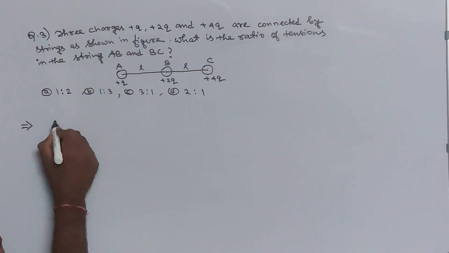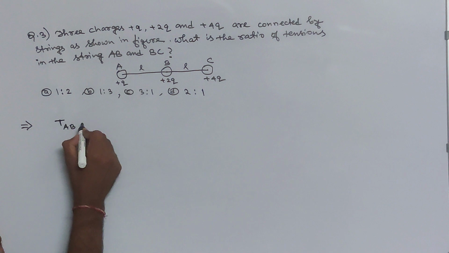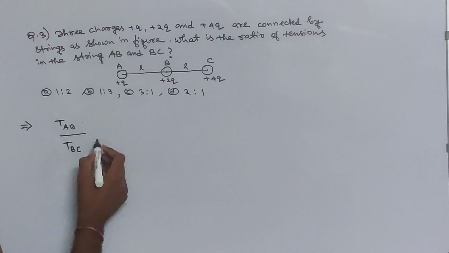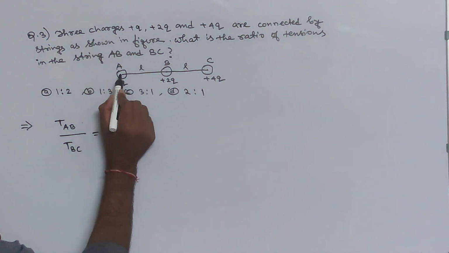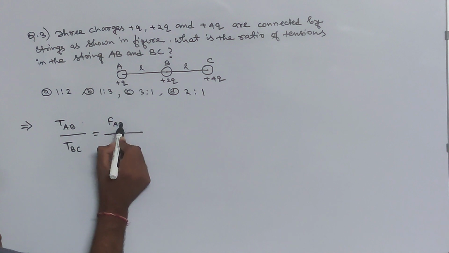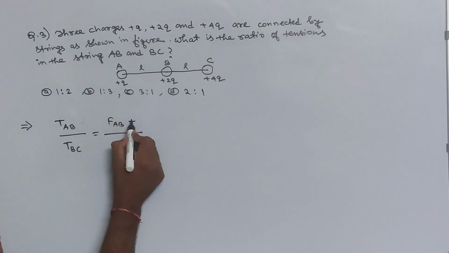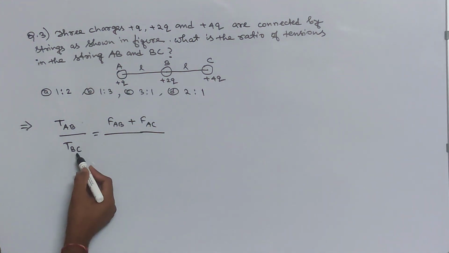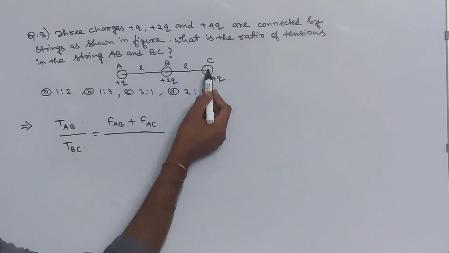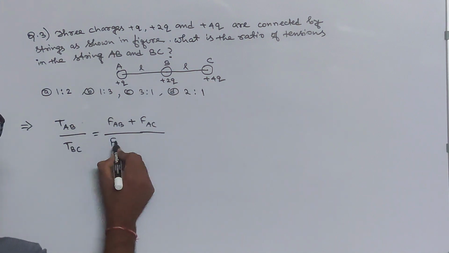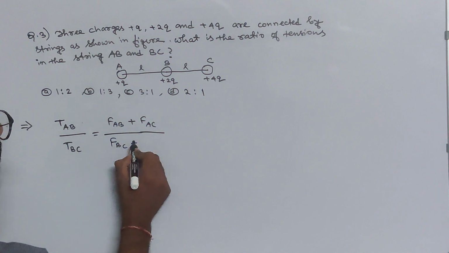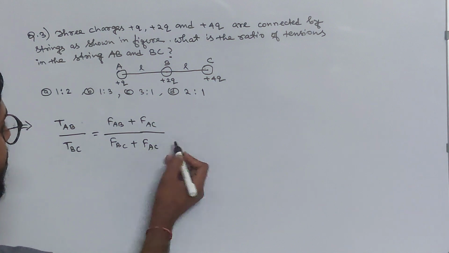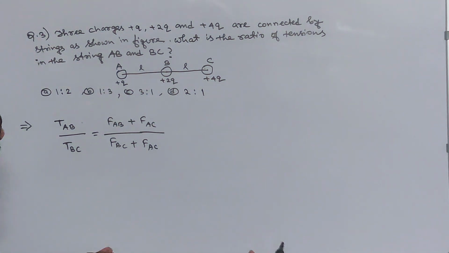Let's say the ratio TAB divided by TBC is nothing but the force of repulsion between A and B, plus the repulsion between A and C, and TBC, that is the tension in the string BC, is due to the force of repulsion between B and C plus C and A. So it will be FAC or FCA, the same thing. The magnitude is the same, the direction is just different.